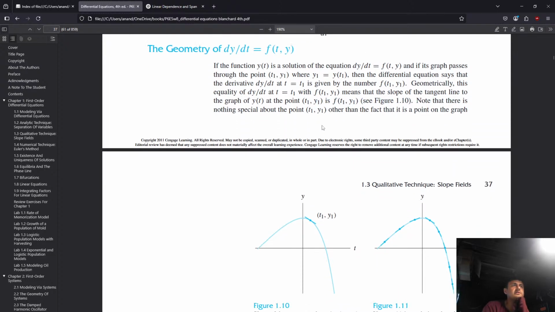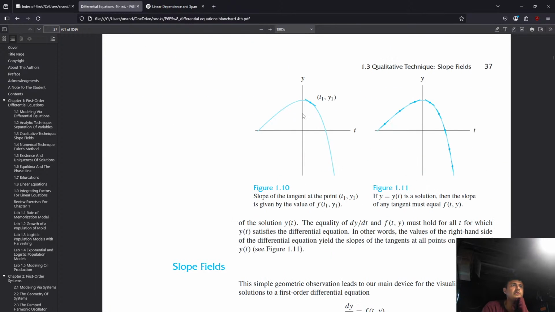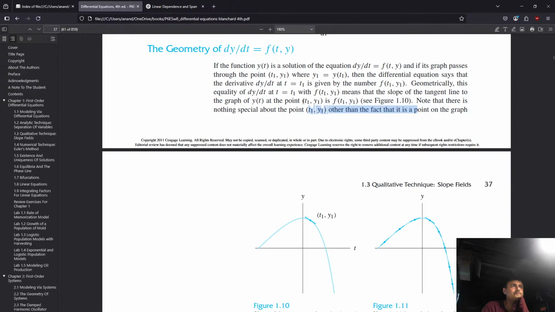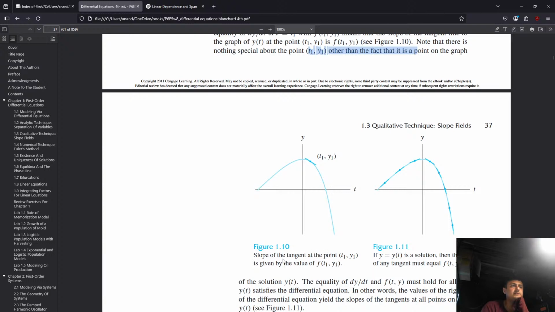Note that there is nothing special about this point other than the fact that it is a point on the graph. So if this is a solution, then we evaluate... this is a solution y of t. This is a plot of y of t.